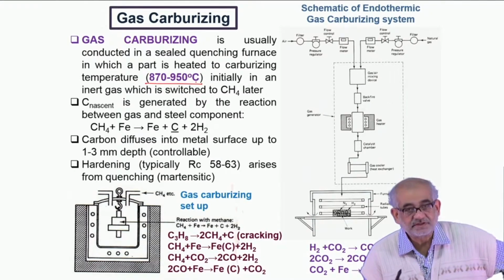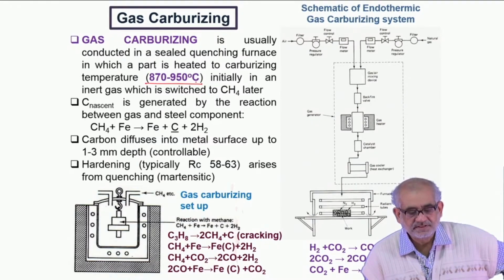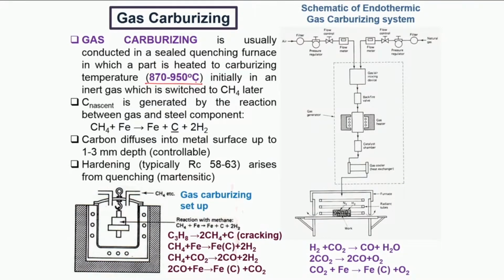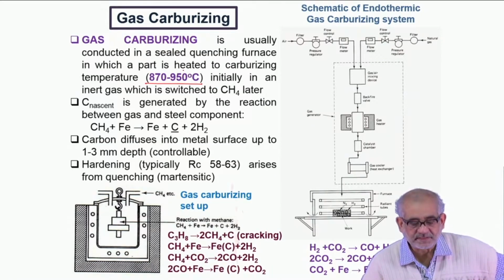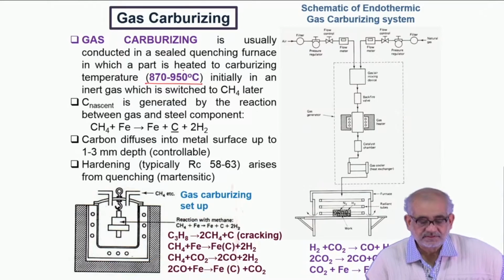This is somewhat similar to what we experience in case of pack carburizing. Pack carburizing actually can be done even at a slightly higher temperature, but since we are dealing with a fluid here, 950 is a good enough temperature for carrying out this kind of treatment.